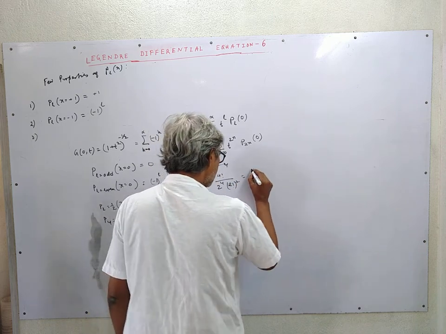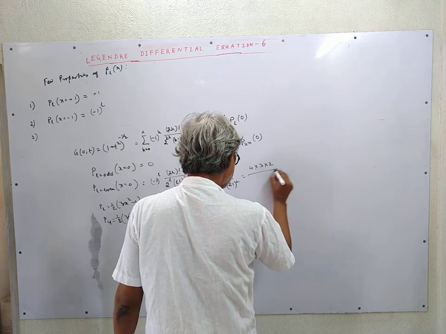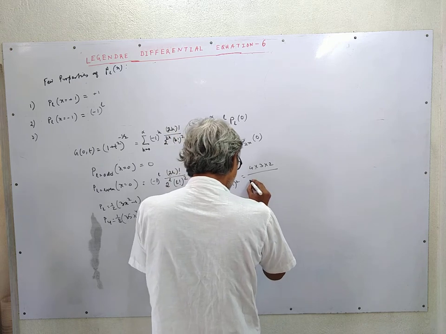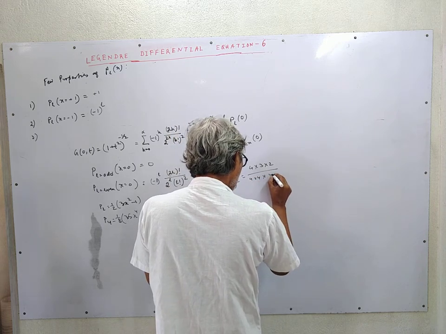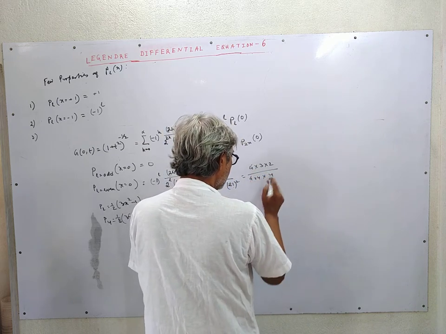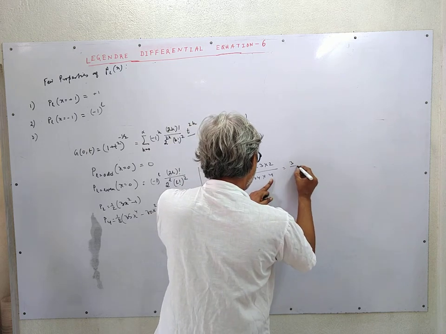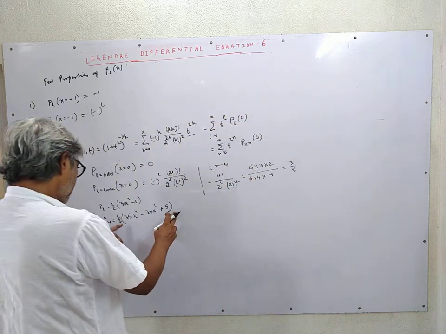So this is 4 into 3 into 2 over 4 into 4 into 4, since 2 square is 4. This is simply 3 by 8.